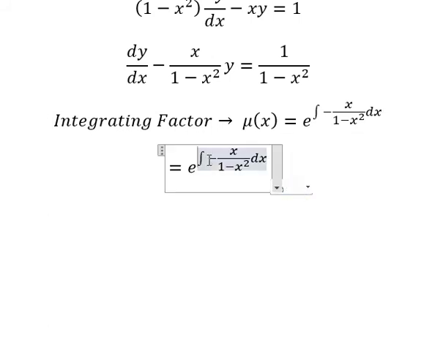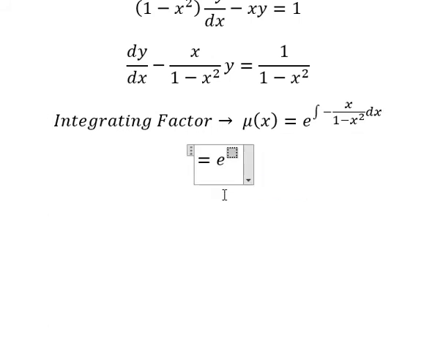The integration of this one, we have 1 over 2 ln of the absolute value of 1 minus s squared. So in this situation, we don't need to use the absolute value. So we have ln of 1 minus s squared.